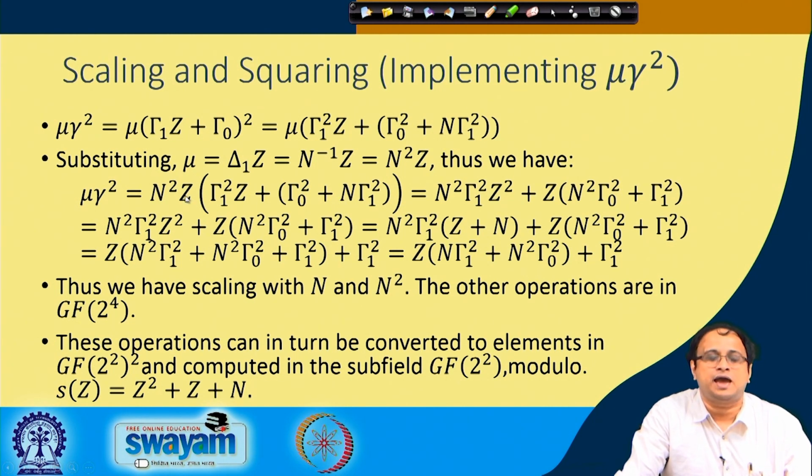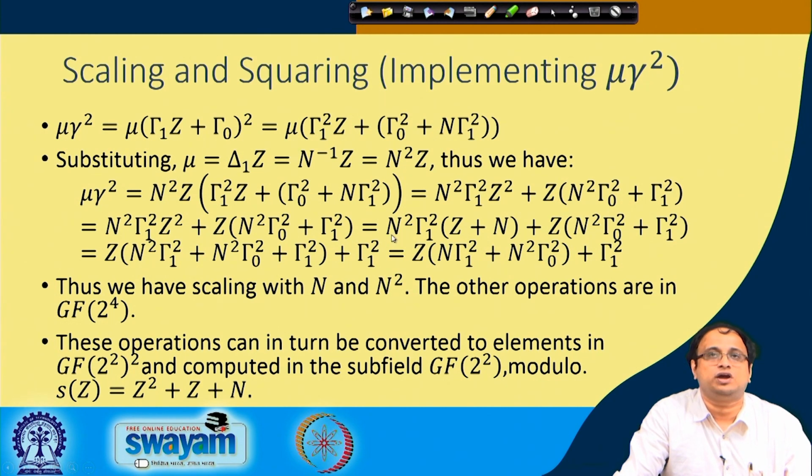Now if I apply n square over this part in the parenthesis, I will get n square gamma 1 square z square plus z multiplied with n square gamma 0 square, and then I have got n to the power of 2 into n, which is n cube. Note that n cube is 1, so I get gamma 1 square. So this you can again write as n square gamma 1 square z square plus z into n square gamma 0 square plus gamma 1 square. This is just copying this result.